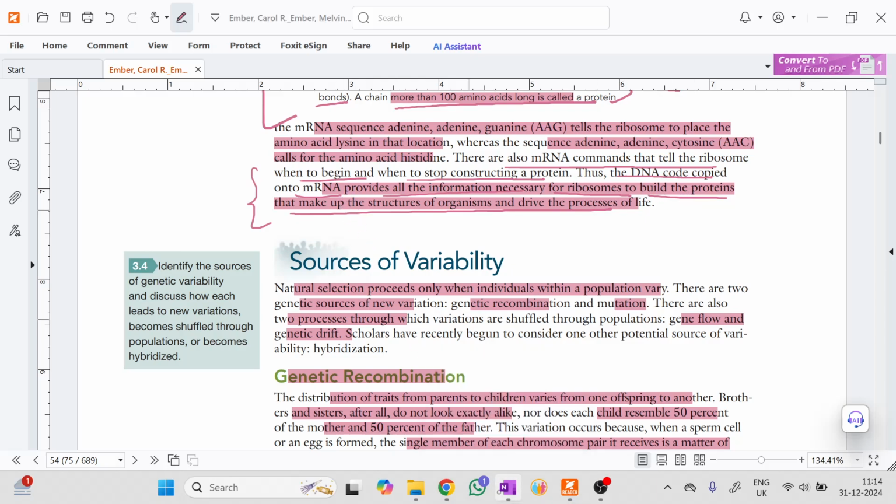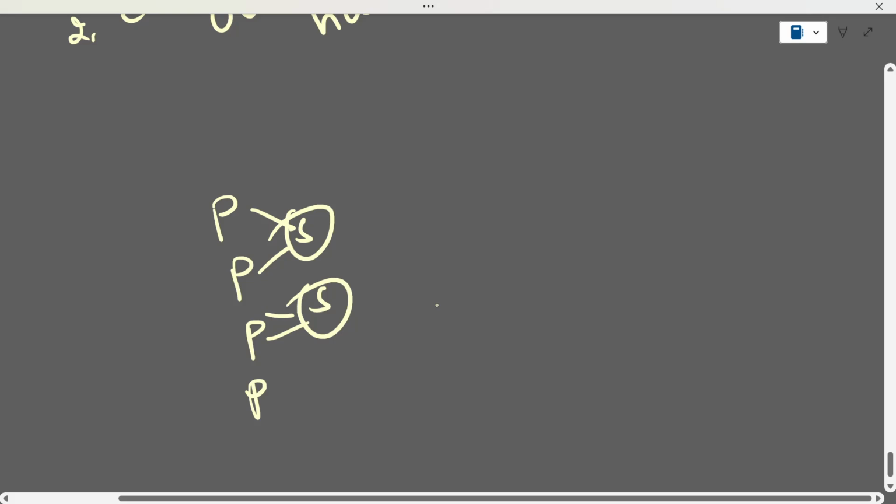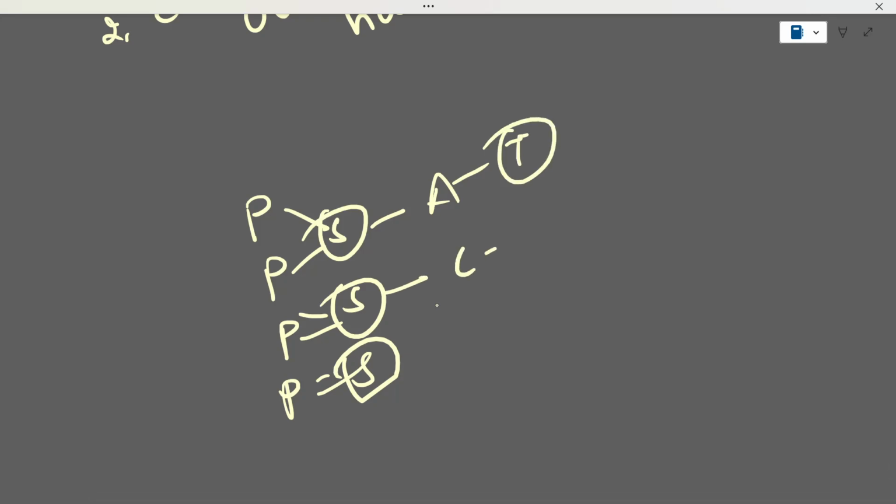So all in all, let's rewind it. DNA structure, when unwound, can be represented by sugar phosphate bonds and nitrogenous bases.